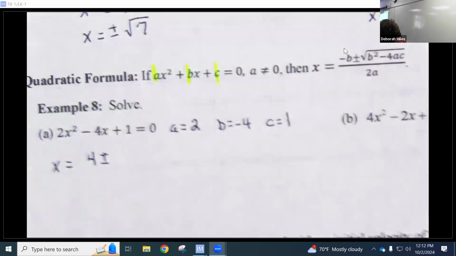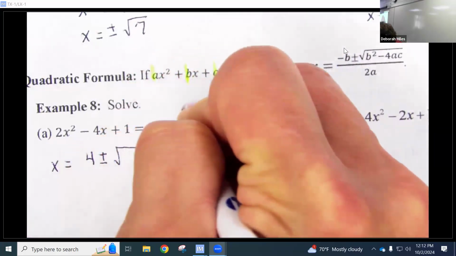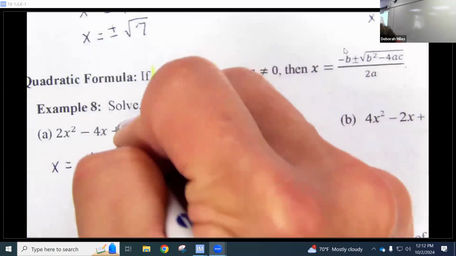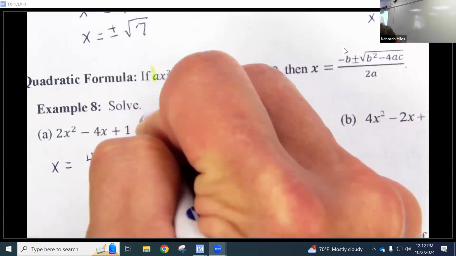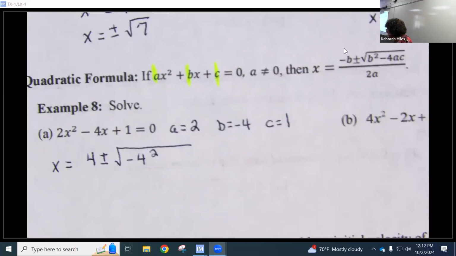Plus or minus the square root of B squared. What's wrong with the way I wrote that? Yeah, and I'm going to make that mistake every time to try to get you to catch it.